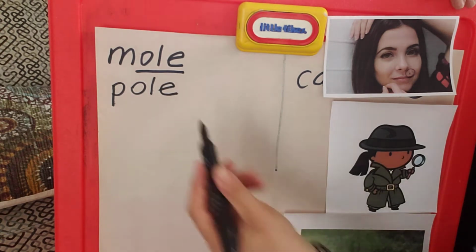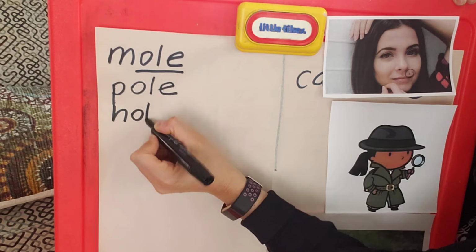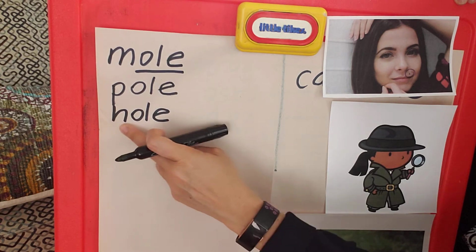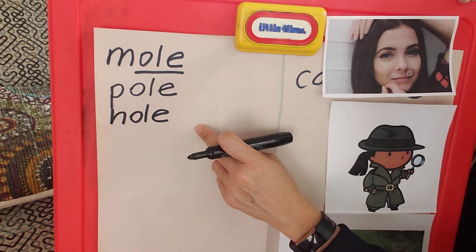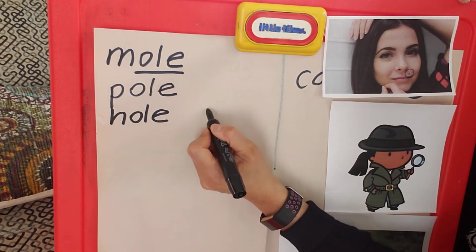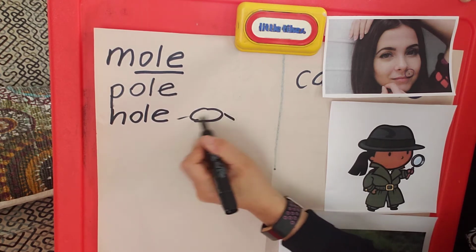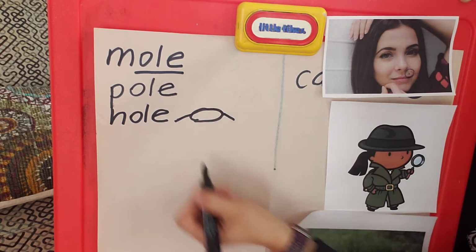And how about if I say to you, a mole lives in a, what's that? Hole. That's right. Now this is the kind of hole that you can dig in the grass, right? Like that. I'm just drawing a hole, like a hole in the sand.